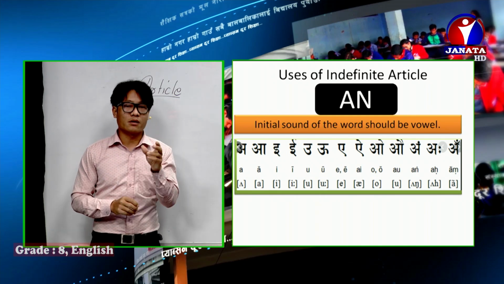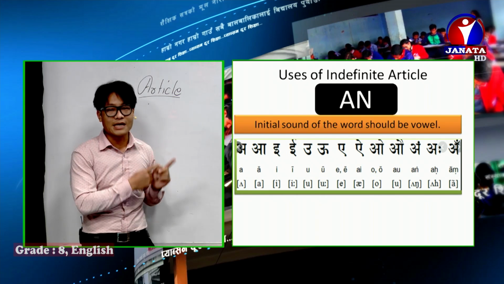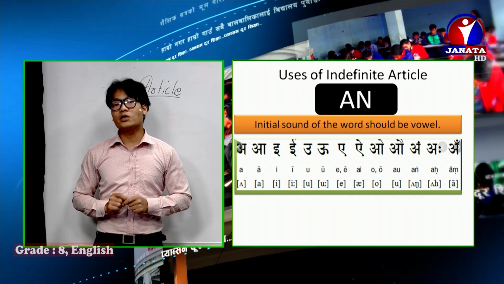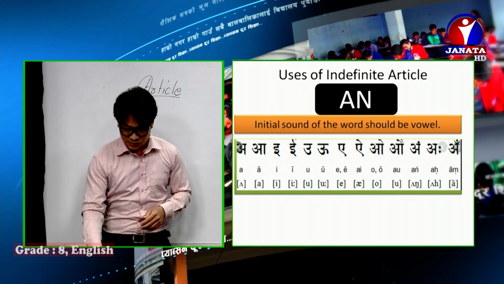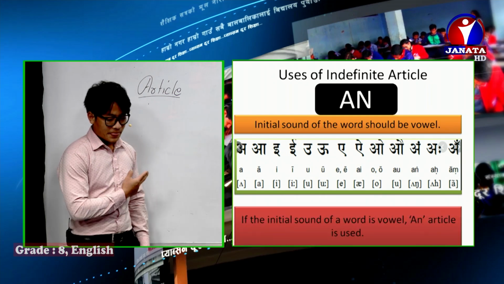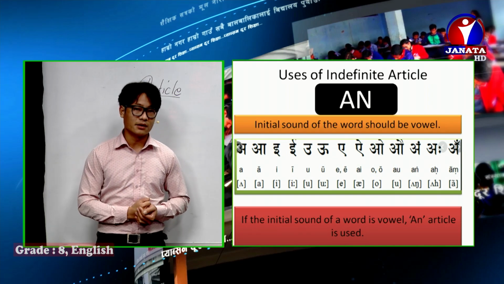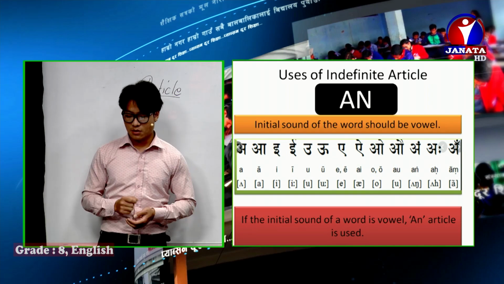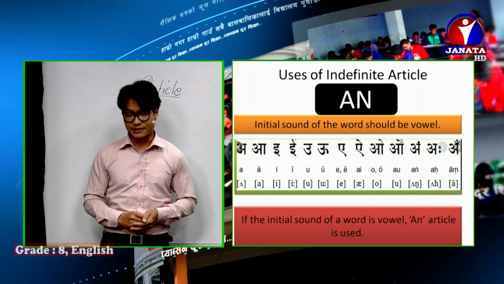When the word's initial sound starts from this vowel sound, then we should use an article. If the initial sound of a word is a vowel, you must be sure an article is used. Now let's practice.